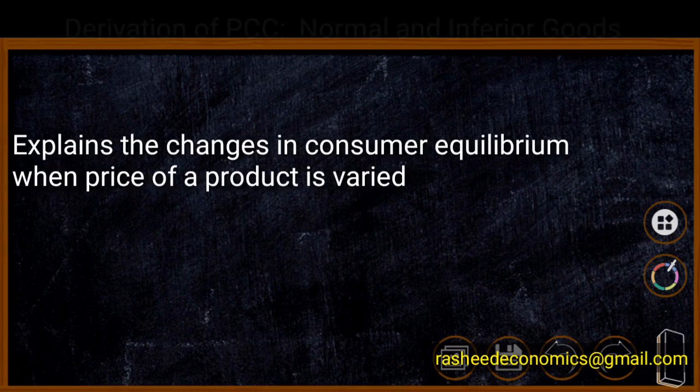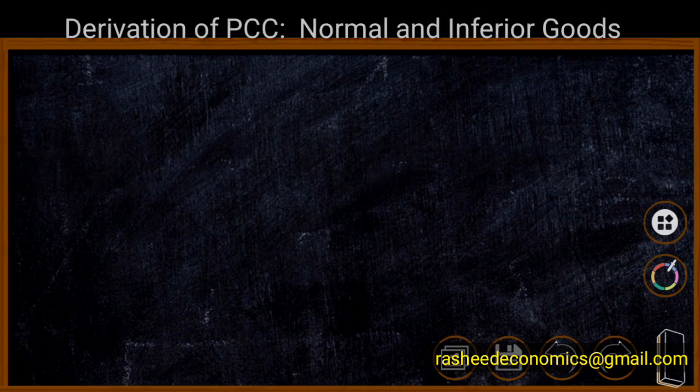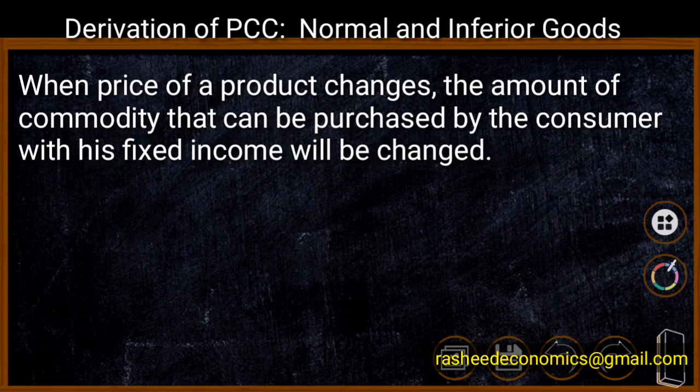Here we are explaining what happens to the consumer equilibrium when the price of a product changes, keeping the price of the other product constant. We know that when the price of a product changes, the amount of commodity that can be purchased by the consumer also changes.